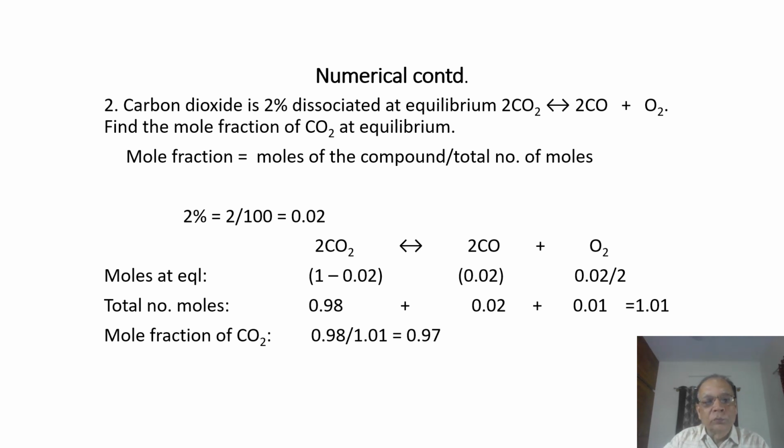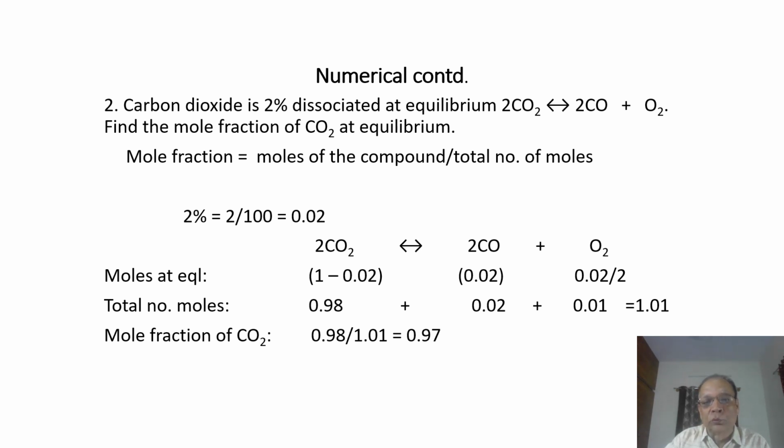So here also, 2% is equal to 2 by 100, which is equal to 0.02. So moles at equilibrium: 1 minus 0.02. See, if I take 1, I am using alpha. If I take 2, I have to use 2 alpha. So to keep the calculations simple, we use 1.